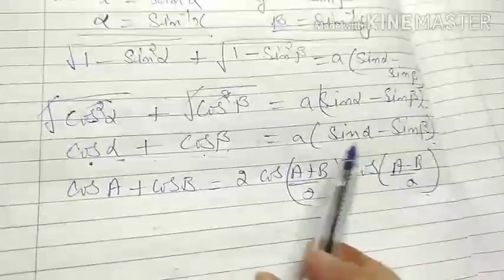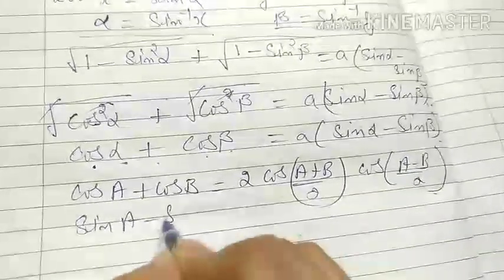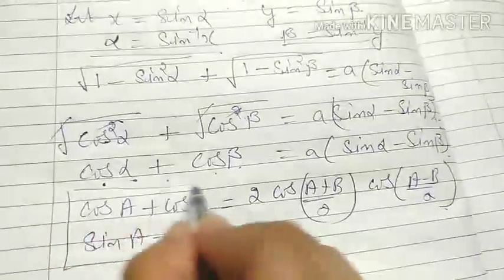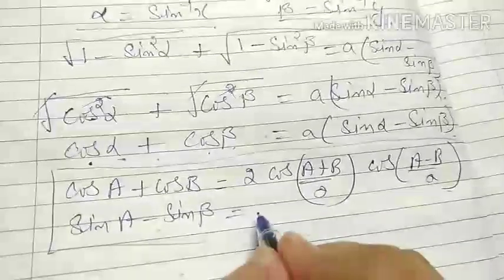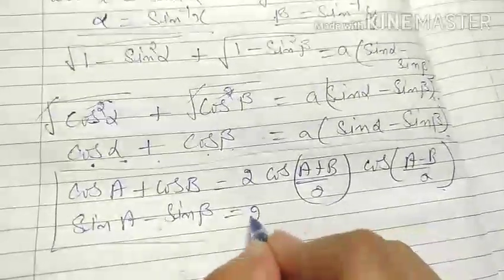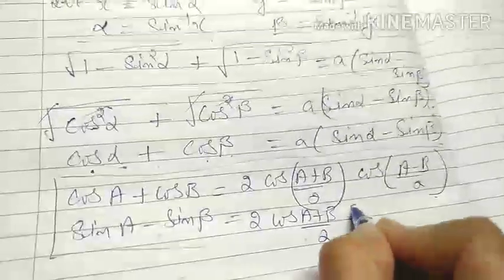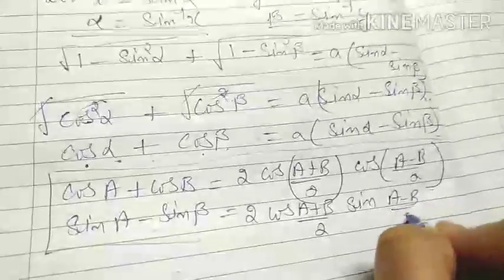Similarly, I have the sin A minus sin B formula, these are the formulas I am going to apply here. Sin A minus sin B formula is 2 cos (A plus B) by 2, then sin (A minus B) by 2.